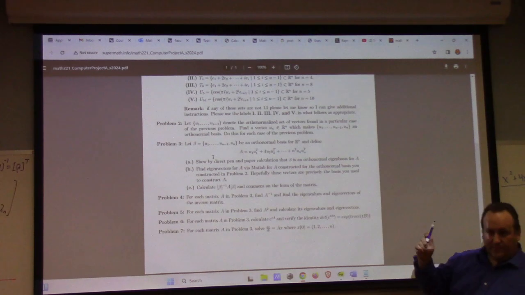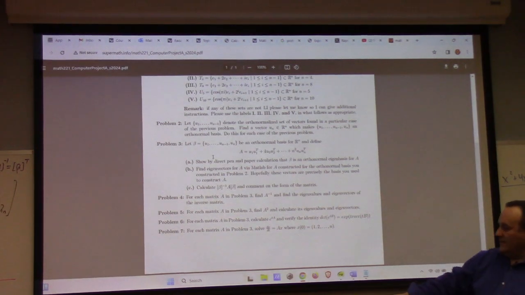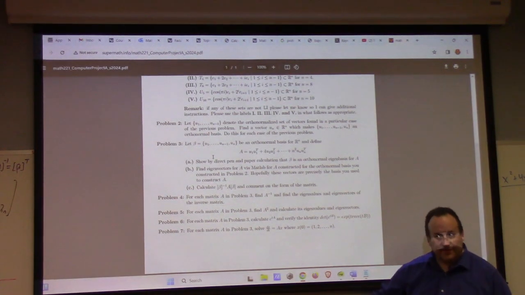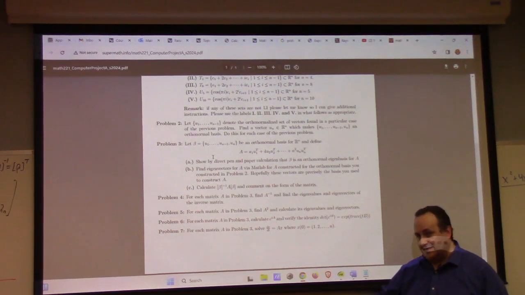Since this is an orthonormal basis, you don't need to do this calculation 5 times. The calculation can be done independent of your construction of the orthonormal basis. You only do one pen and paper calculation here.